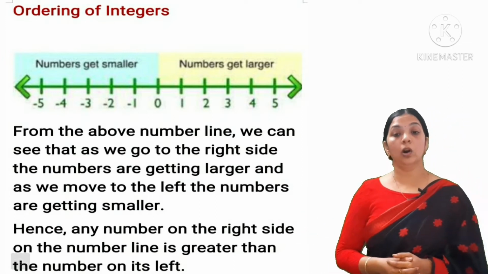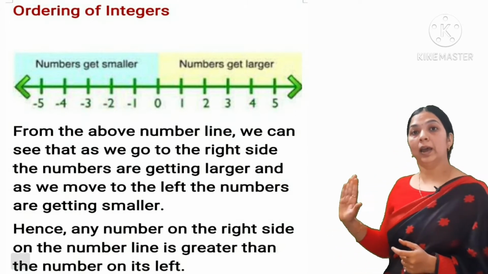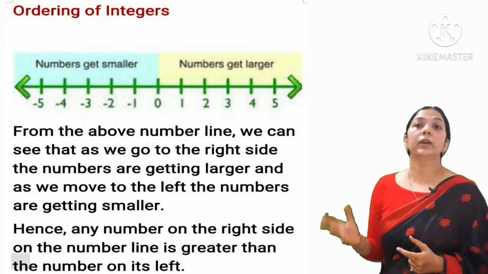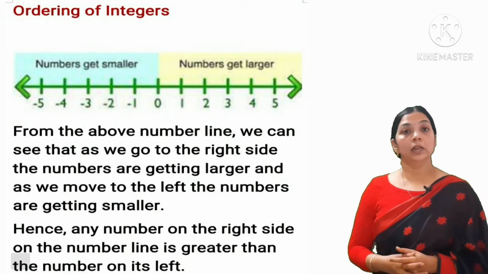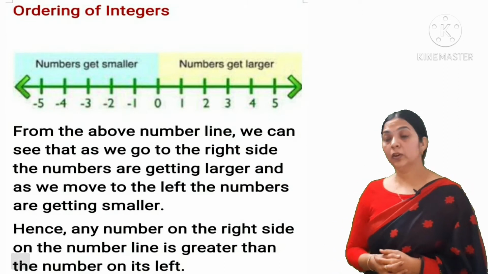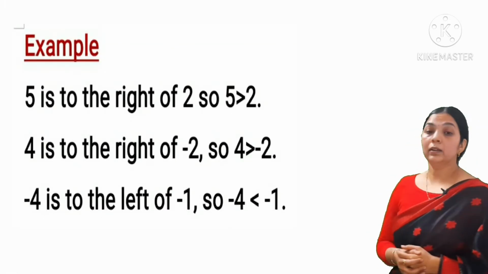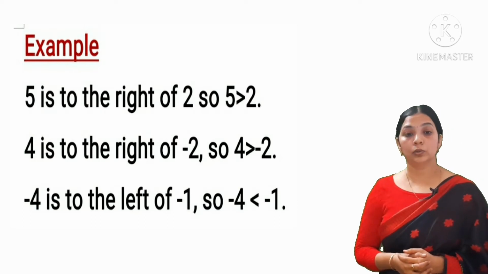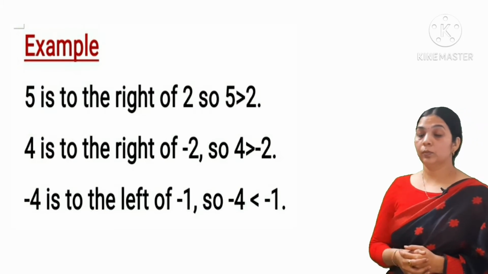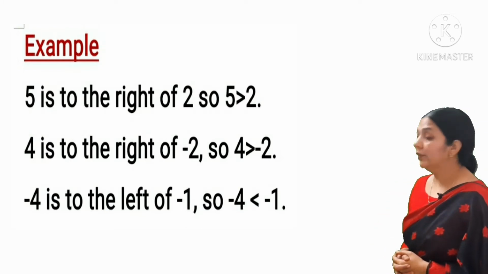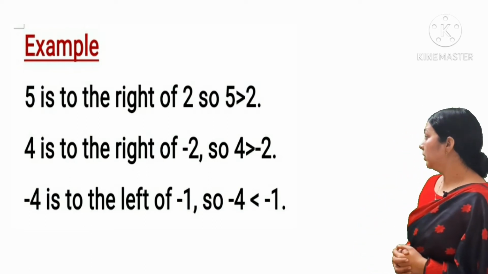Hence, any number lying on the right side of a number would be greater than that number, and if it is lying on the left side, it would be smaller. For example, 5 is to the right of 2, so 5 is greater than 2. 4 is to the right of minus 2, so 4 is greater than minus 2. Minus 4 is to the left of minus 1, so minus 4 is smaller than minus 1.